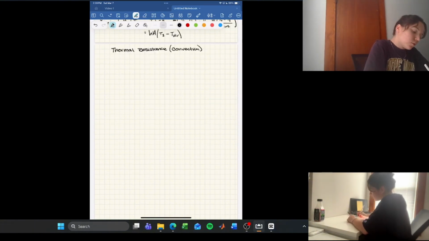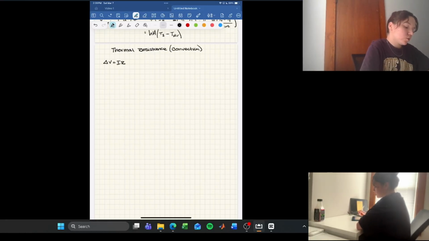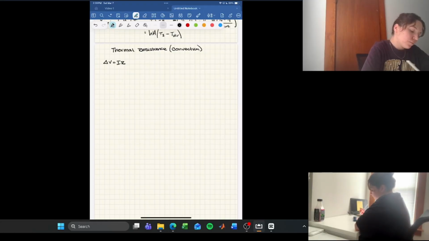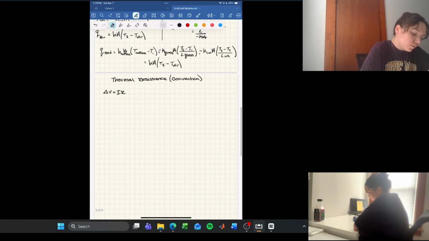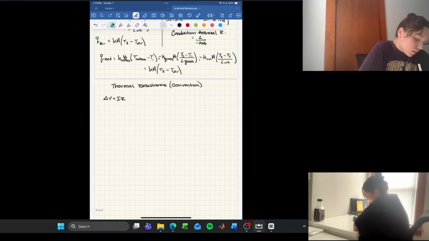So remember Ohm's law: the change in voltage is the current times the resistance. And then we said that the heat flow for convection is heat flux equal to the heat transfer coefficient h times the area times the change in temperature.